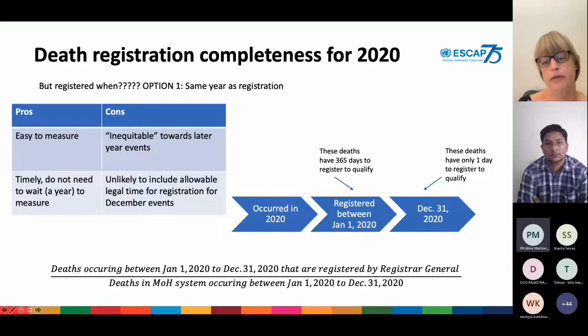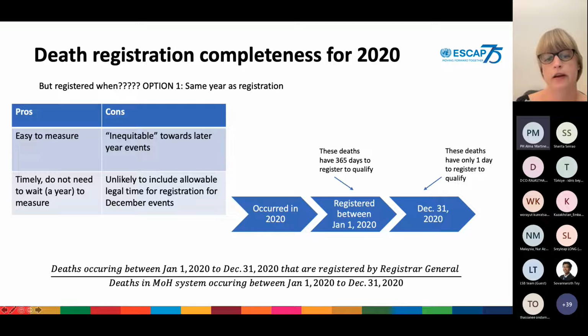But as we mentioned before, it does have some drawbacks because it's, quote unquote, inequitable towards those deaths that occur at the end of the year. It's less likely to capture them if there's any kind of delay in registration. And it's also unlikely to include the allowable legal time frame for registration.